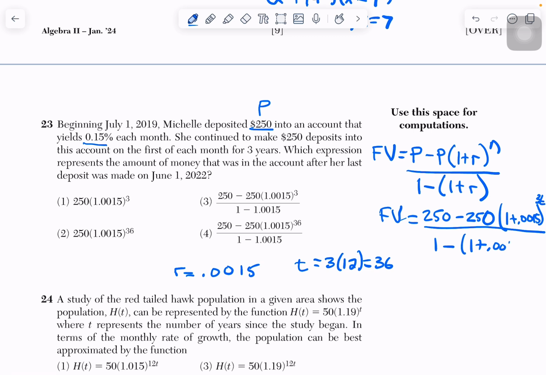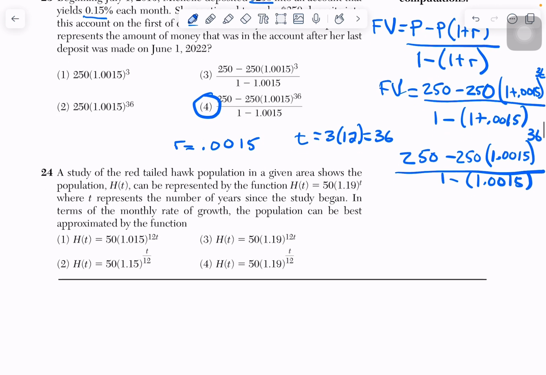This is 1.5. Okay, so if you clean those up a little, it's 250 minus 250 times 1.0015 raised to the 36th power divided by 1 minus 1.0015. So this is choice 4.